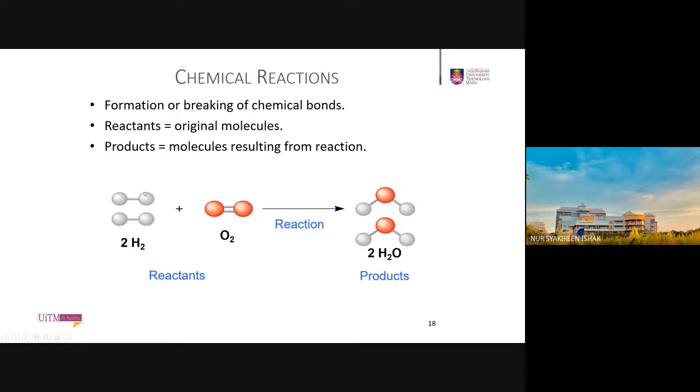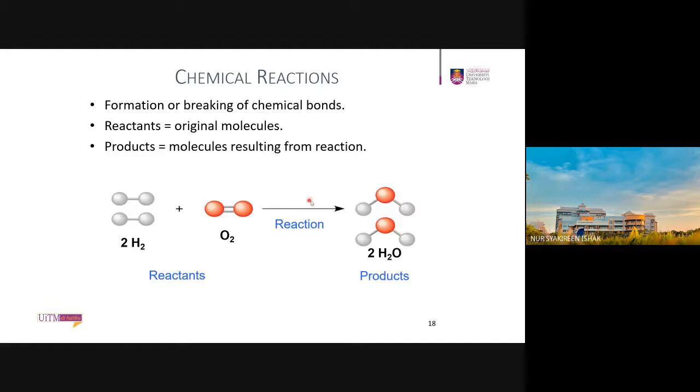In this case, it is the reaction between two hydrogen molecules and one oxygen molecule. These are the two reactants involved in the reaction, for example, a simple chemical reaction shown here in the diagram.